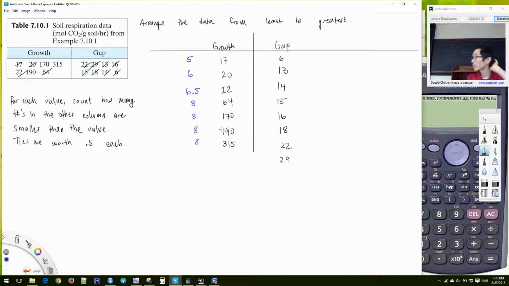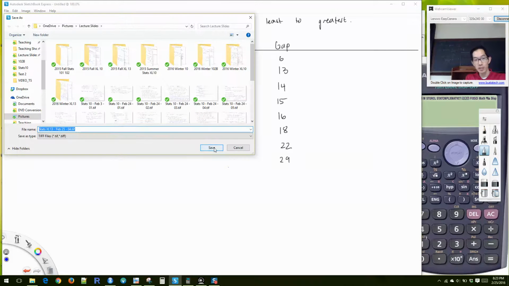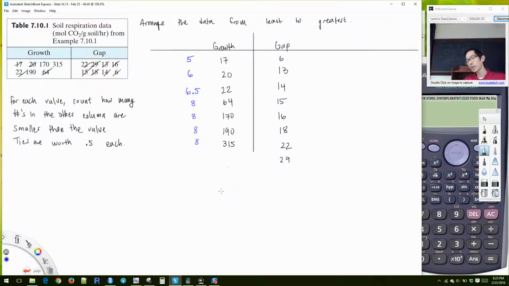One thing to note about non-parametric statistics is that the magnitude doesn't really matter as much. It's just, is it bigger or smaller? All of these values, 64, 170, 190, 315, are all going to contribute the same amount to our final test statistic. They're all going to contribute 8.